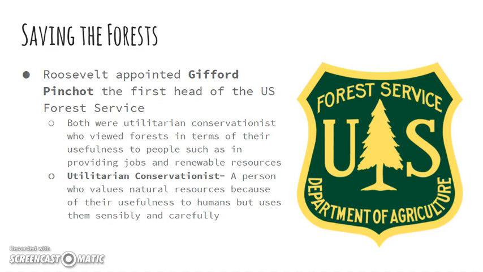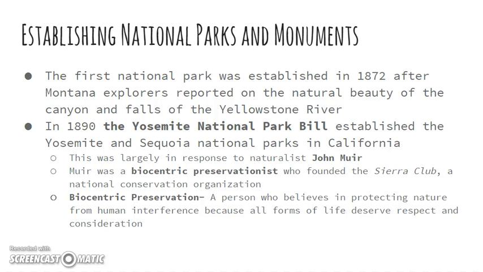It's very easy to be a utilitarian conservationist because you recognize the usefulness to you, to your family, to everyone in the world around you, and you recognize how that will help each and every other person, and so you use it sensibly. This does not mean you do not use certain things. This does not mean you go off the deep end. It just means you use it very, very sensibly.